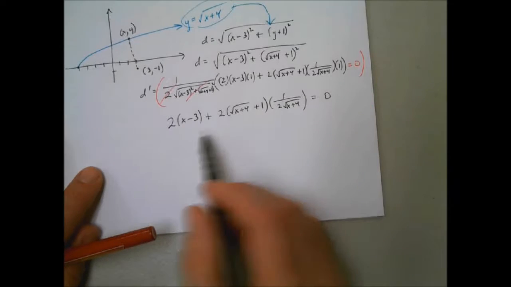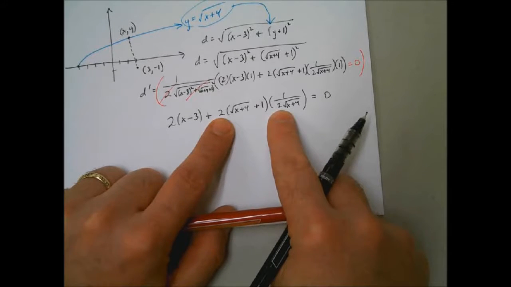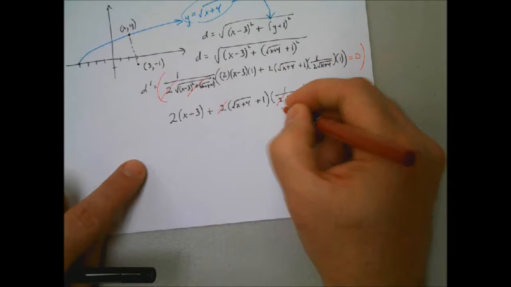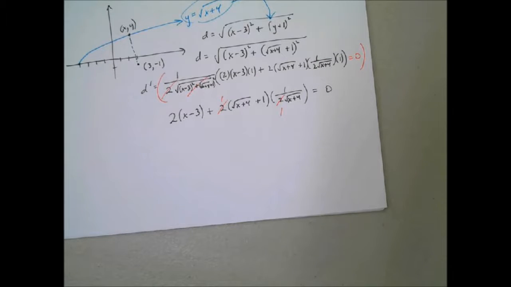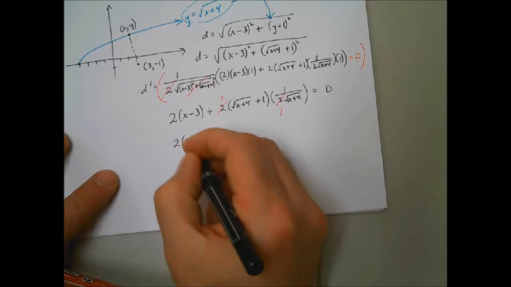Now, let me just show you one more thing here. The 2 right there and the 2 right there reduce. Okay, so we have 2 times x minus 3.